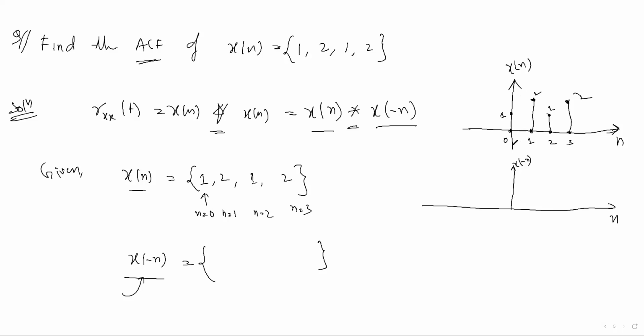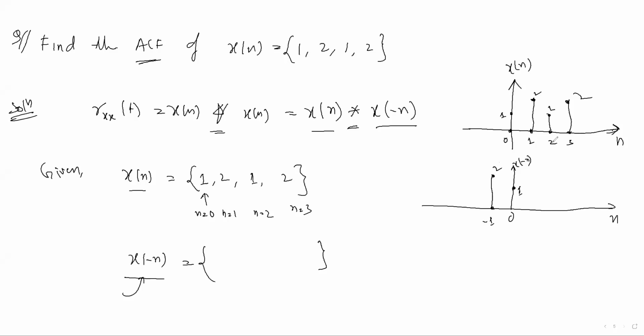When you fold the signal with respect to the y-axis, it's like a mirror image. If you place a mirror at y of n, how will the signal look at the back of the mirror? At n equal to 0, it is similar, 1 only. But the first signal at 1 can be seen at -1.